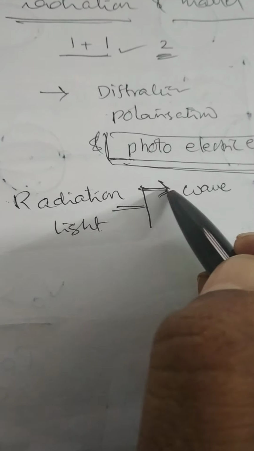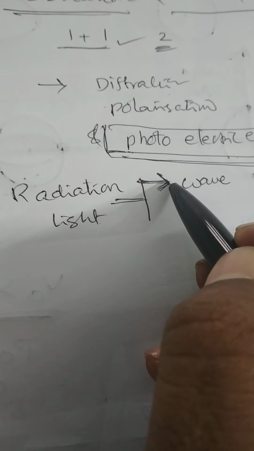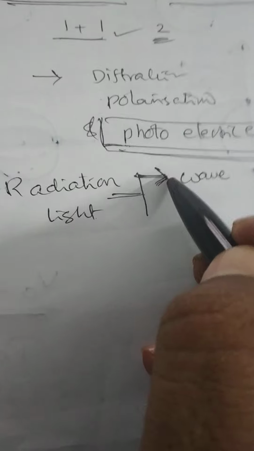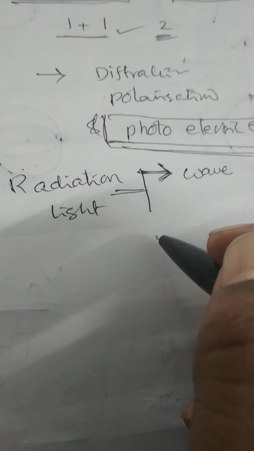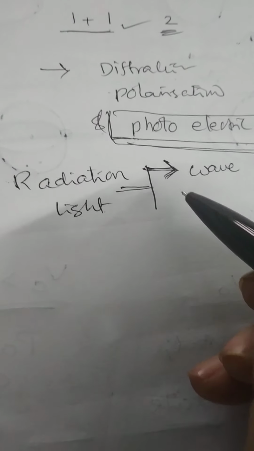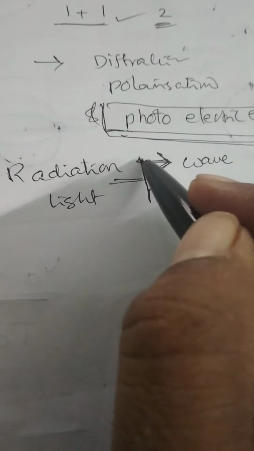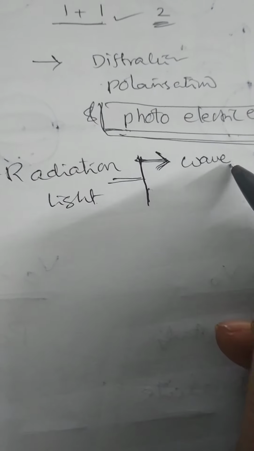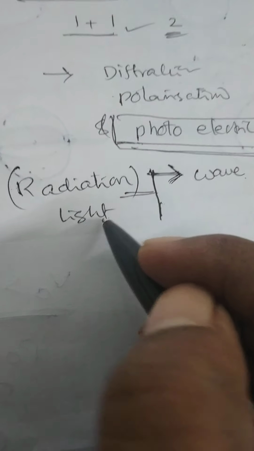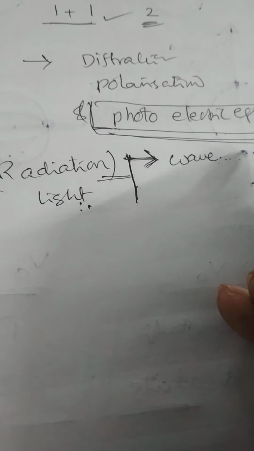Interference means superposition of two light waves. Diffraction means bending of light rays at the edges of the obstacle and encroaching within the geometrical shadow. Polarization also explains the transverse wave nature. That means the radiation or light will behave like wave nature as in wave optics.